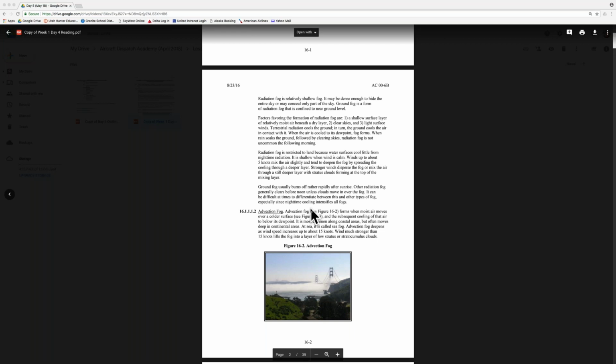So because of our minimums, referring to SkyWest, you cannot dispatch into a foggy airport, is that correct? It depends. Fog doesn't prohibit us from landing.